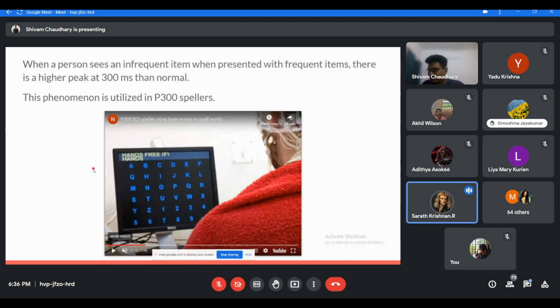Actually, when you are showing different columns, if the column contains P, then the person's P300 value will go up, and when you're showing different rows, if one contains P, then the peak level will be reached, right? Yes. So based on this, a particular EEG graph can be obtained, right? Right.